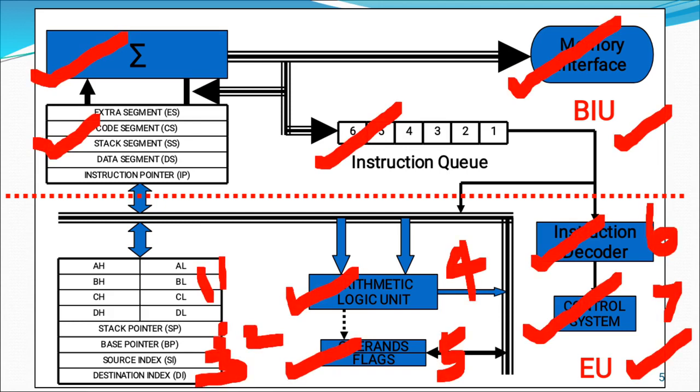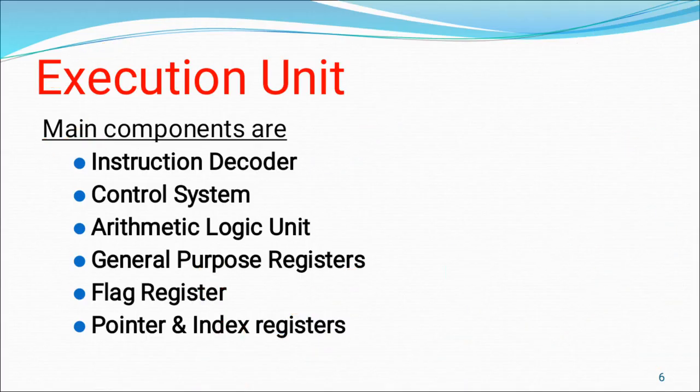So the 8086 execution unit is divided into 7 different blocks. The main units of the execution unit are: instruction decoder, control system, arithmetic and logical unit, general purpose register, flag register, pointer register, and index register.